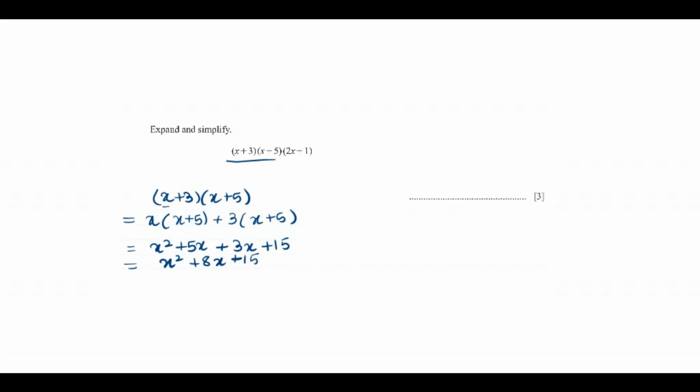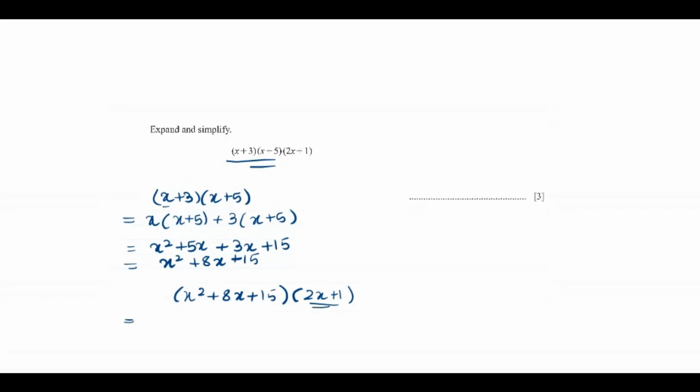Now, solving the first 2 brackets gave me the answer x square plus 8x plus 15. So instead of writing this here, I just write the expanded form of it. This I will multiply with 2x plus 1. Trick here is to open using the second bracket first.